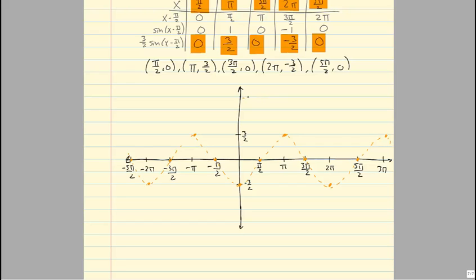Okay, so now let's go ahead and sketch in those vertical asymptotes. Everywhere it crosses the x-axis, I have a vertical asymptote. And then off of the maximum points, this opens up.